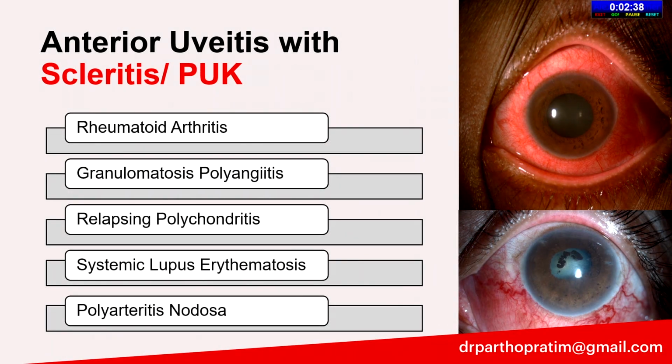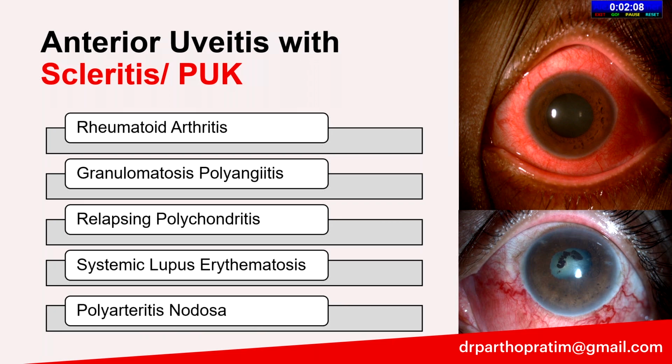Now, this is my last point. In anterior uveitis, diffuse scleritis is associated with 40% of systemic disease. It can be the initial manifestation, and in cases of necrotizing scleritis, it can be as high as 95% systemic association. So sometimes scleral congestion with anterior uveitis may be the presenting sign of rheumatoid arthritis, granulomatosis with polyangiitis, relapsing polychondritis, and various other systemic diseases.